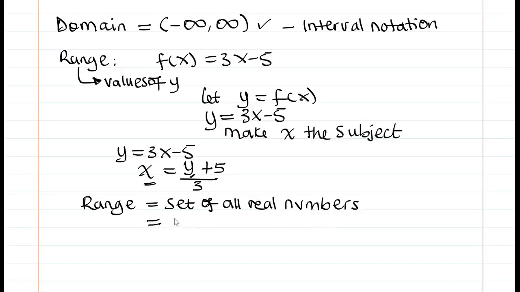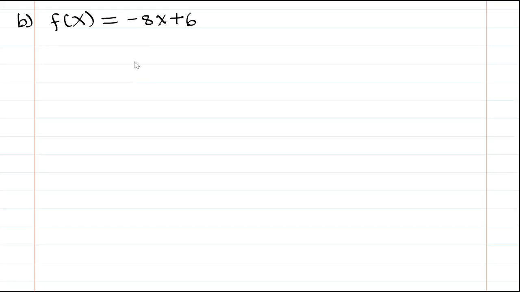So in the set builder notation, we have the set of y for which y is a member of the real numbers. Or if you want to state it in the interval notation, the range is from negative infinity up to positive infinity.